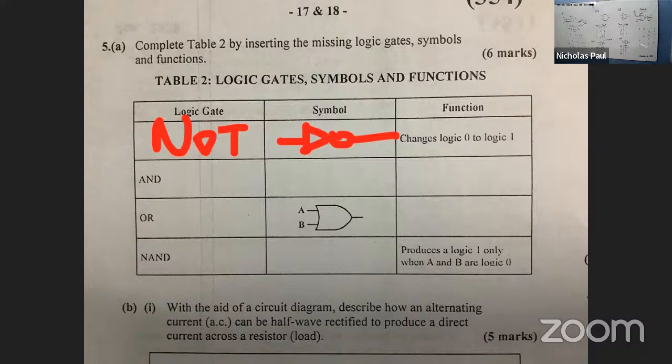Jaden. Next one. How does this look again? If you had this, how to show it? Like that, sorry. And what's the function? What's your explanation for the AND gate?